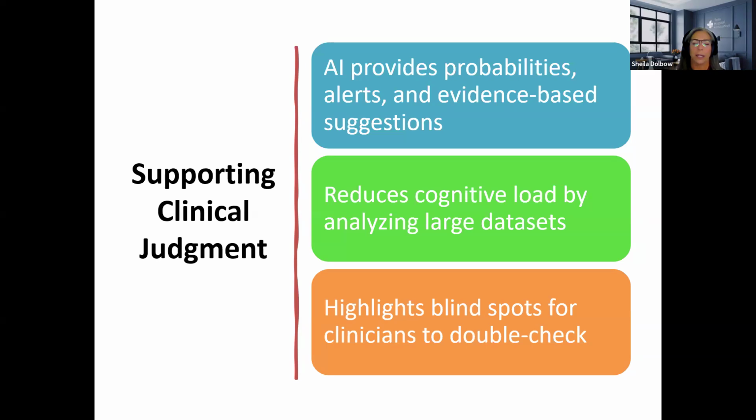If you had any idea how much data your quality person collects in your hospital, it makes your brain hurt sometimes when you start looking at how many data metrics you have to monitor on a monthly basis and report all of that data. So some of these AI tools are able to take that data and help analyze it for you, and it helps make your processes a little bit more efficient.